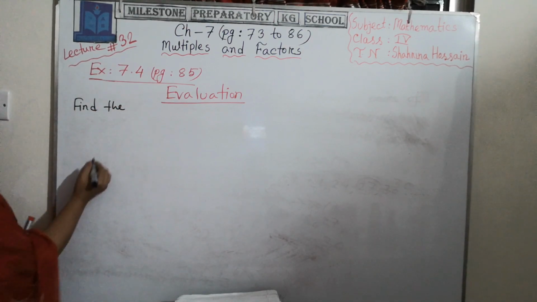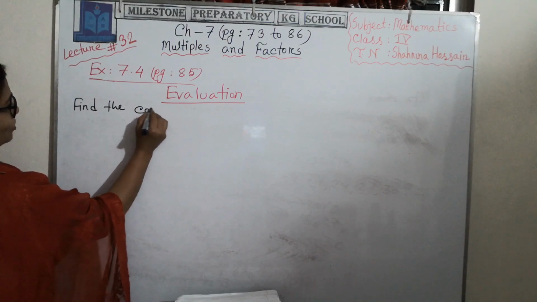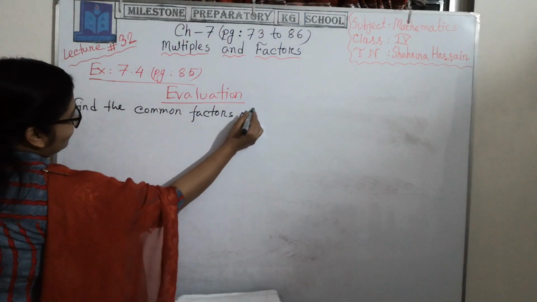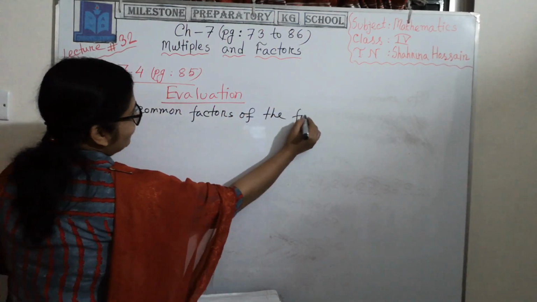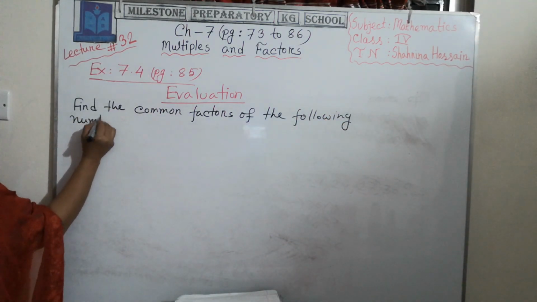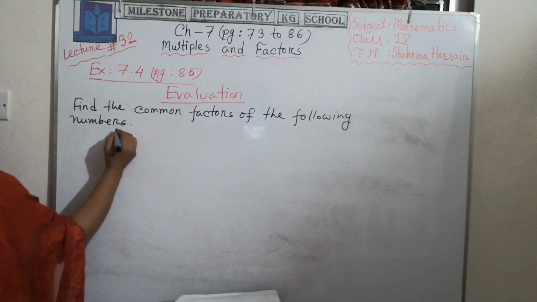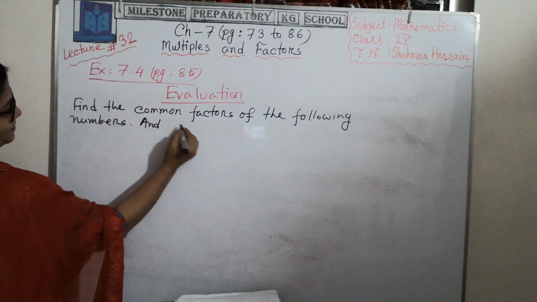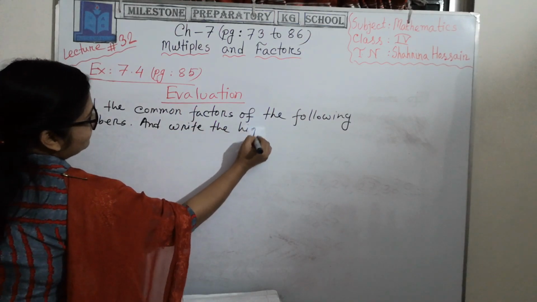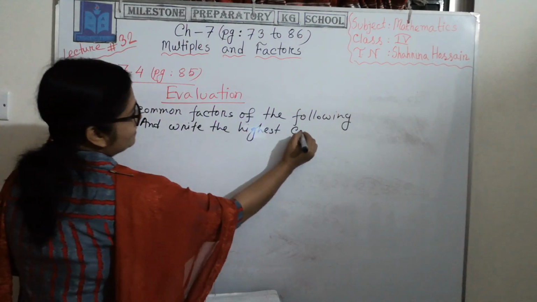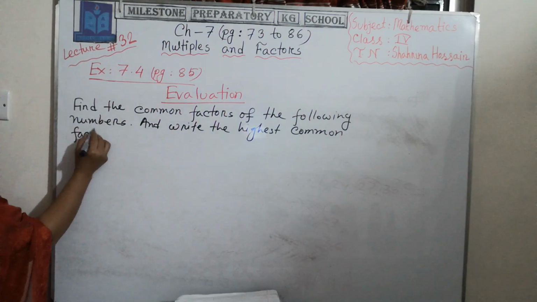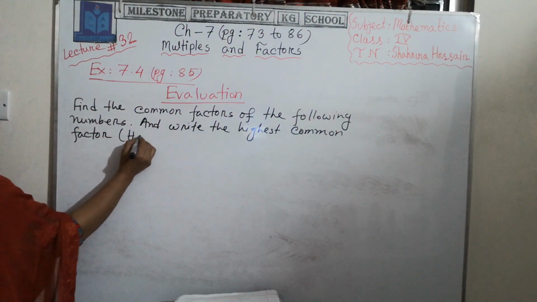Find the common factors of the following numbers and write the highest common factor, HCF.